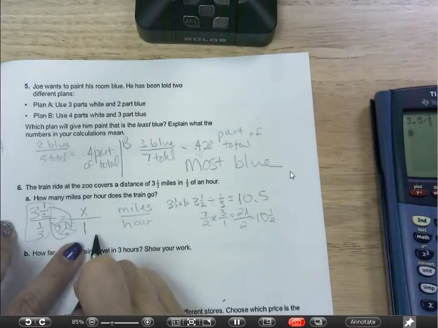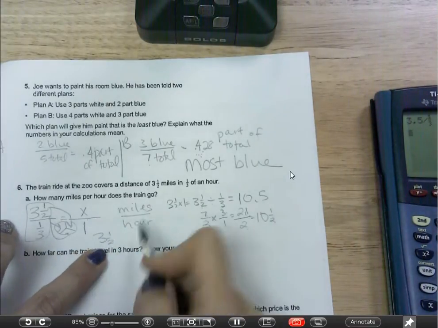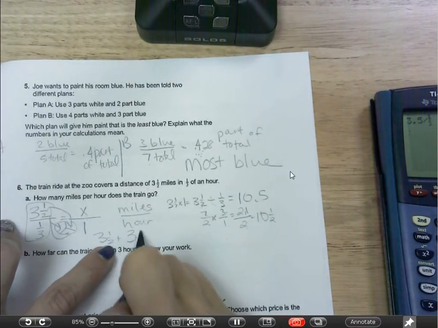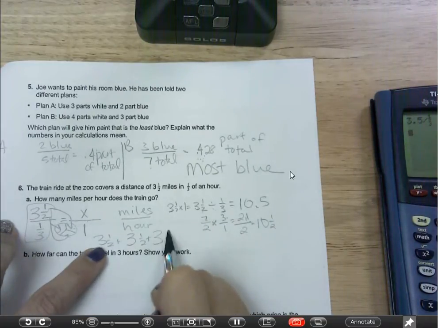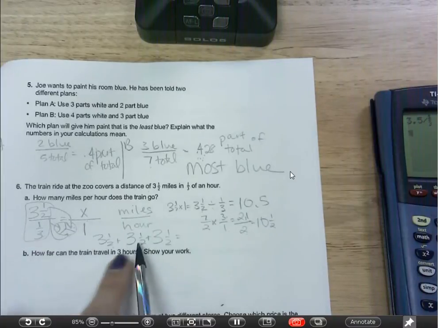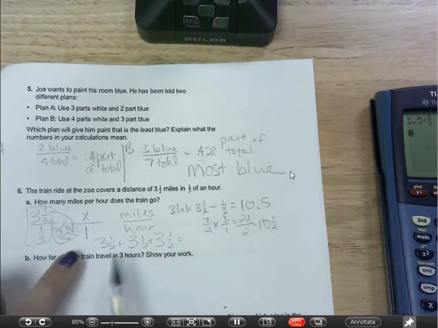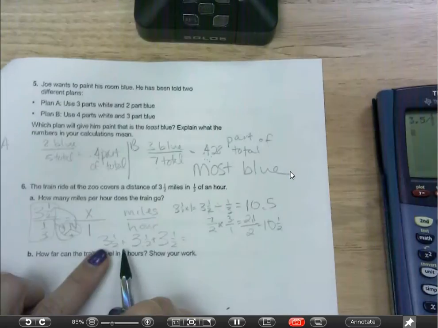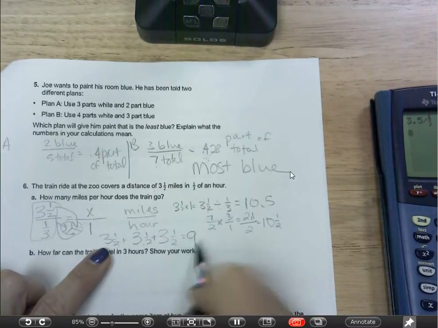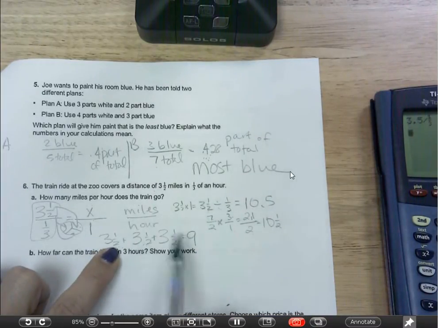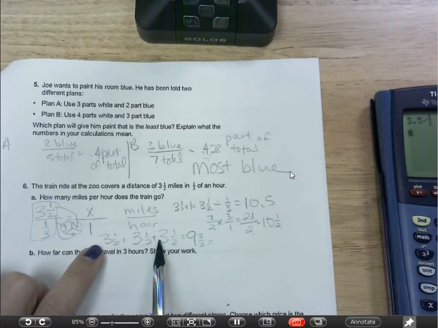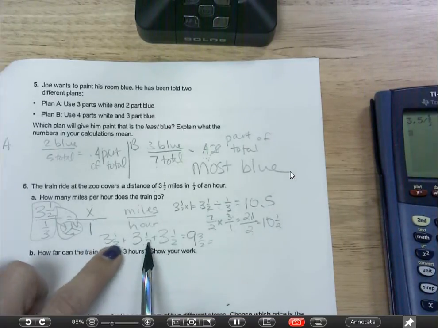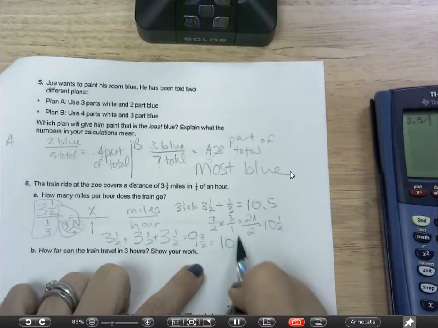So I could do 3.5 for 1/3 plus another 3.5 for this third, and then another 3.5. So I've got 1/3, 1/3, 1/3. So I have a whole hour there. So if I add those up, 9 and 3/2, or I could do 9, 3, 6, 9, 10.5.